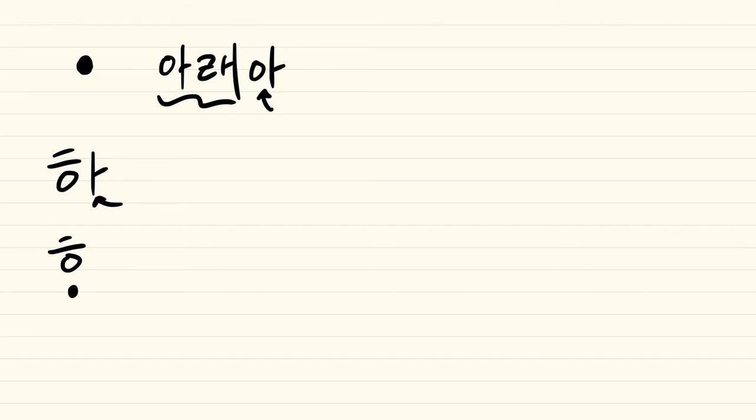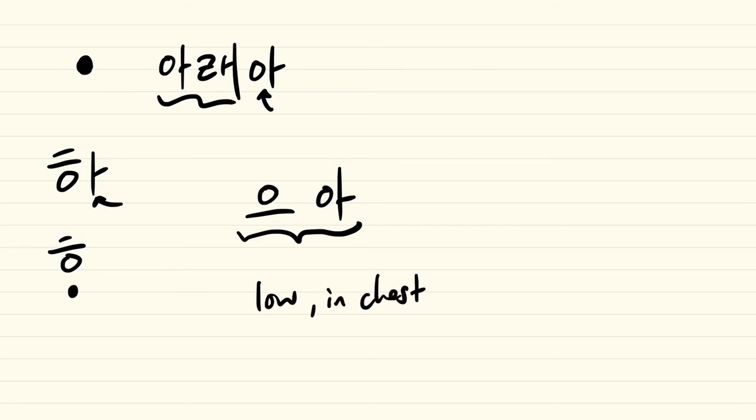The approximation of this sound is somewhere between a and o if you say it really quickly together. And it's low, kind of in the chest sound. That's my best approximation.